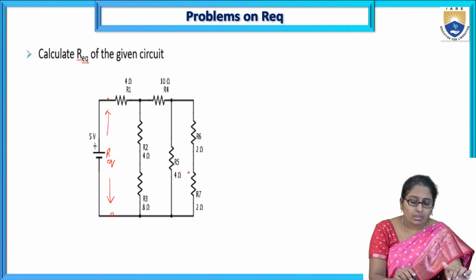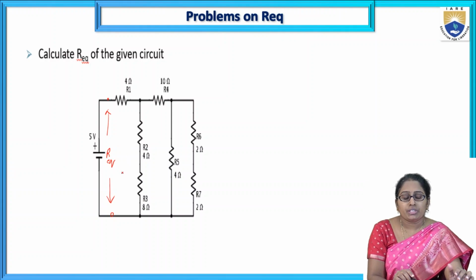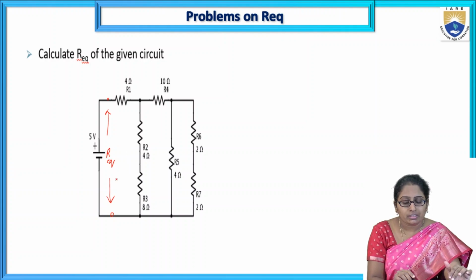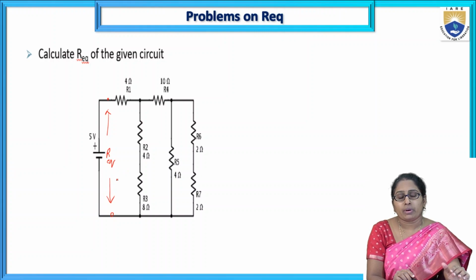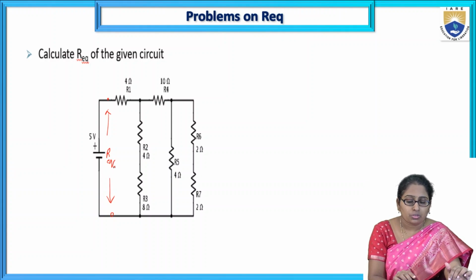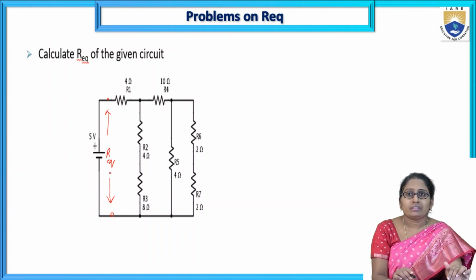Now the procedure to calculate this is, we have to start from the opposite side of the point where R equivalent is shown. We have to reduce the circuit from the other end of the point where this R equivalent is shown.